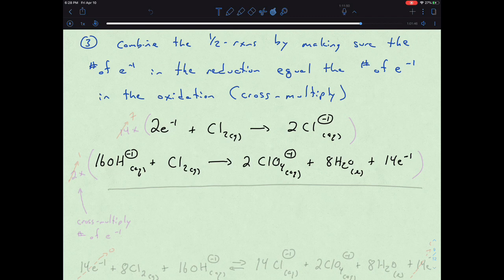So those are our individual reactions. And so here's where we want to cross multiply each one. We can cross multiply the top one by 14. We can multiply the bottom by 2. And so there's our cross multiplication idea.